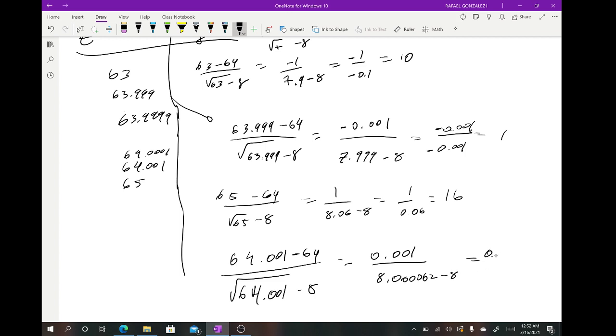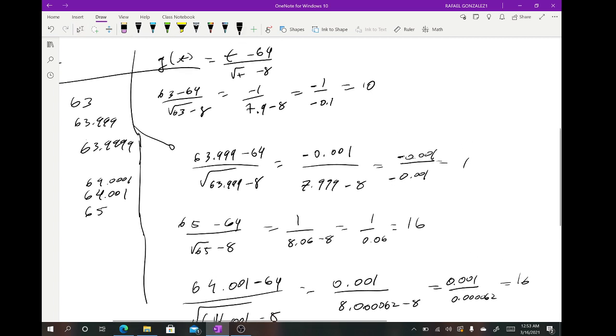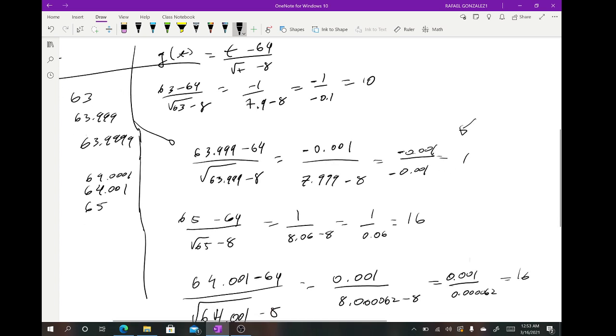So it's equal to 0.001 divided by 0.000062. And if you divide 0.001 by 0.000062, you get 16. Which means that I have a mistake up here. Yeah, it looks like I have a mistake somewhere.